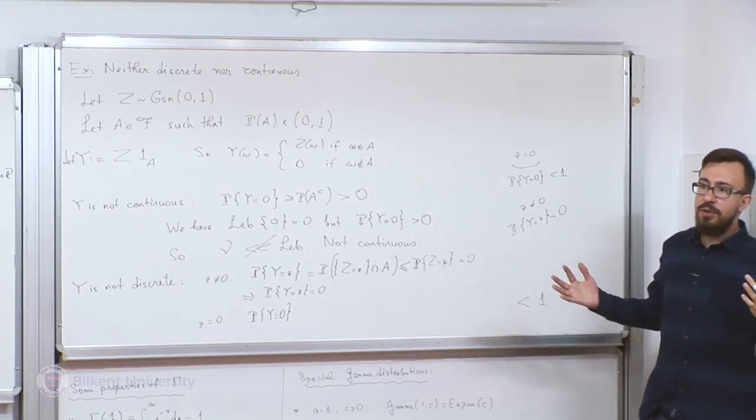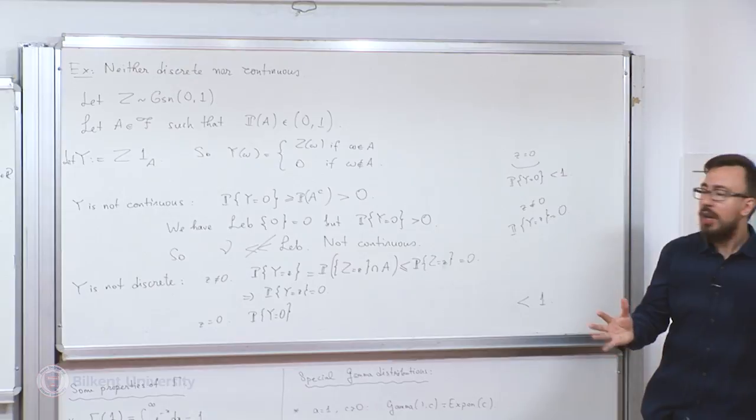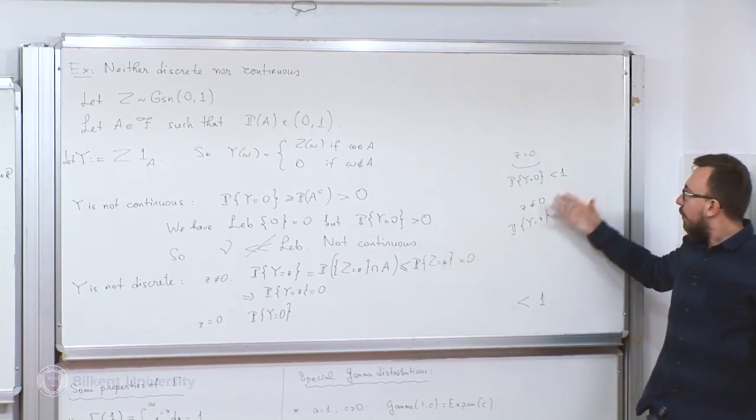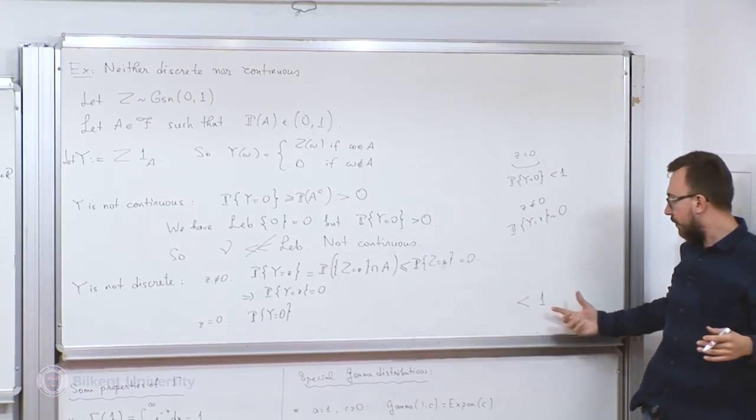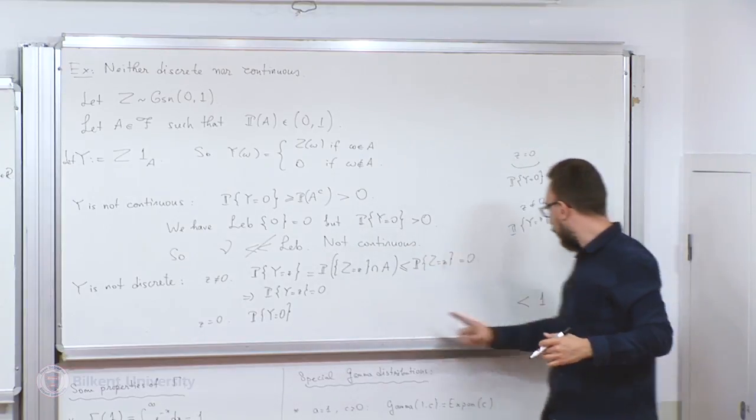So this means you cannot form a countable set of singletons in which Y takes values with probability 1. That's what we're trying to argue. Let's argue that the probability Y equals 0 is less than 1.